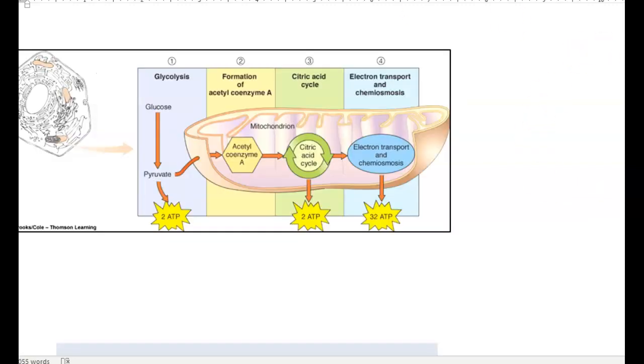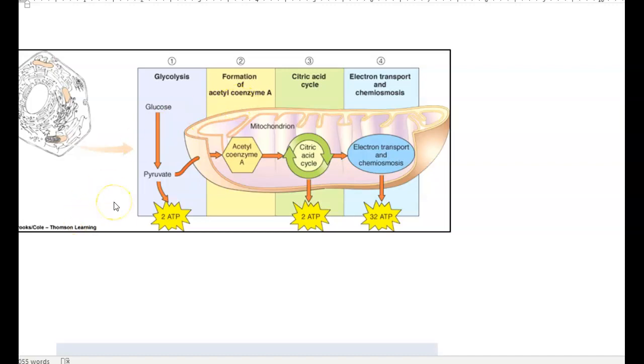So aerobic respiration has 4 steps. Glycolysis: glucose is converted to 2 pyruvates, making 2 ATPs. Pyruvate goes into the matrix of the mitochondria and gives off some carbon dioxide.